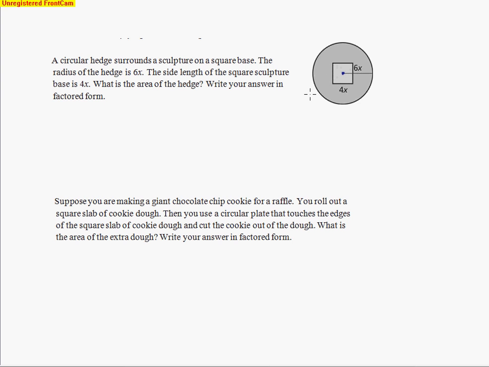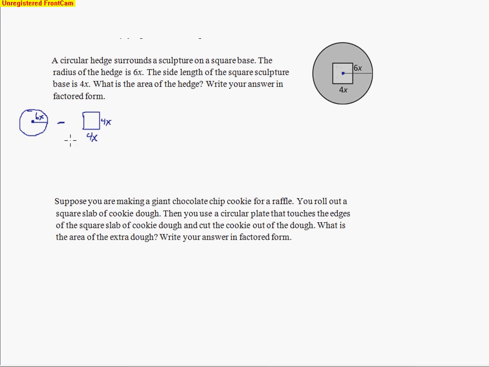So the hedge is just this region without the box. So basically what I want to do is take the circle and subtract the area of the square. So if I look at it this way, I'll go ahead and write in the 6x right there for the radius of the circle. The square has 4x by 4x.